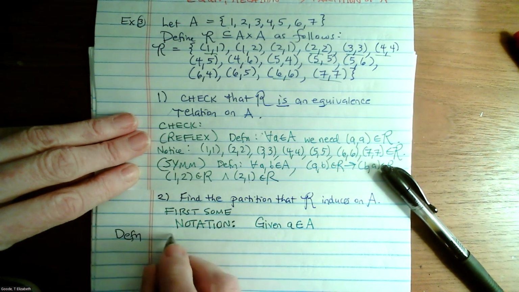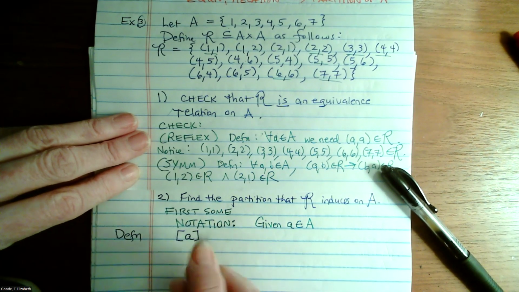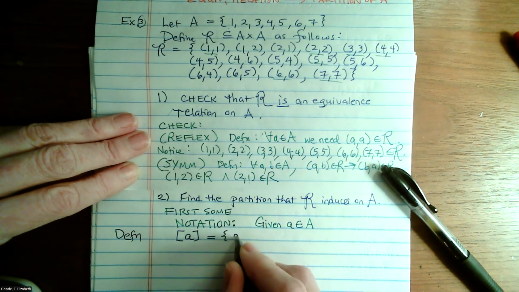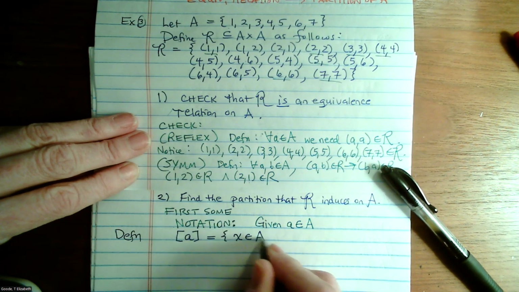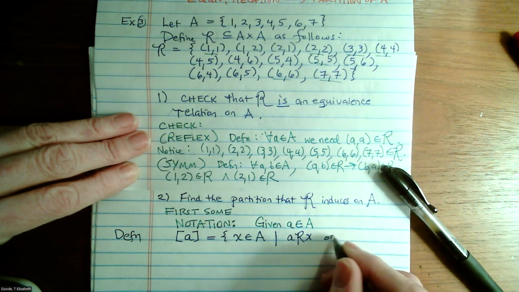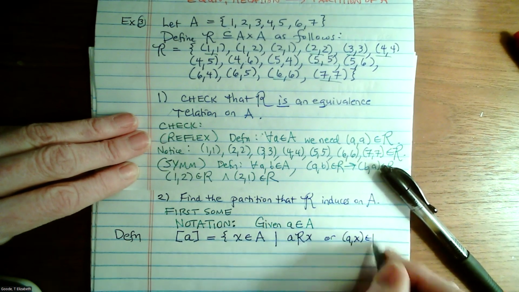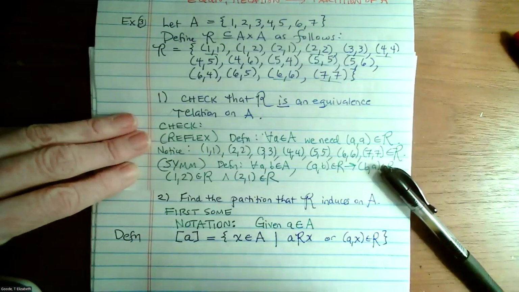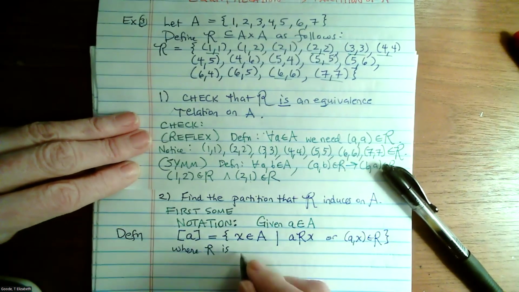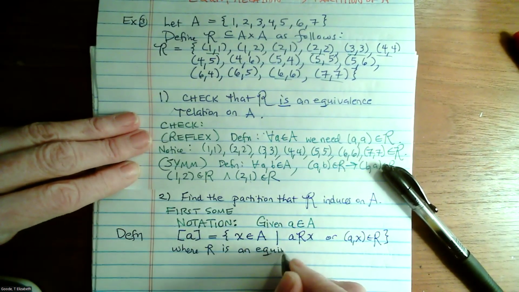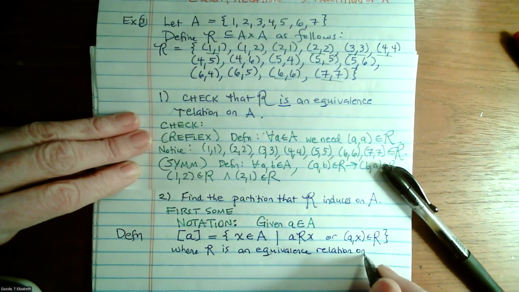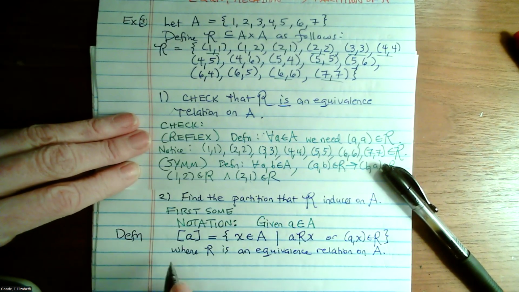We define square bracket little a, called the equivalence class of a, to be the set of all the elements x in A such that a is related to x, or (a, x) is an element of the relation, where curly R is an equivalence relation on A. We can only play this game if we have an equivalence relation.